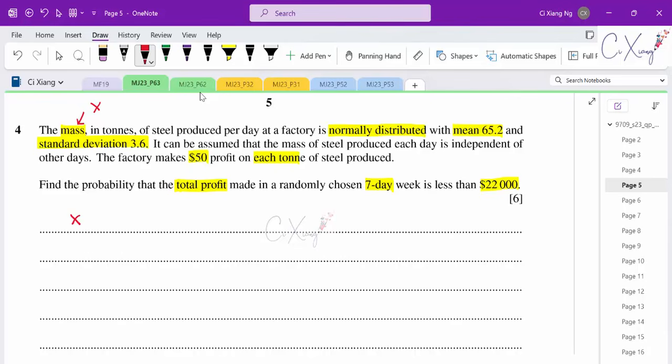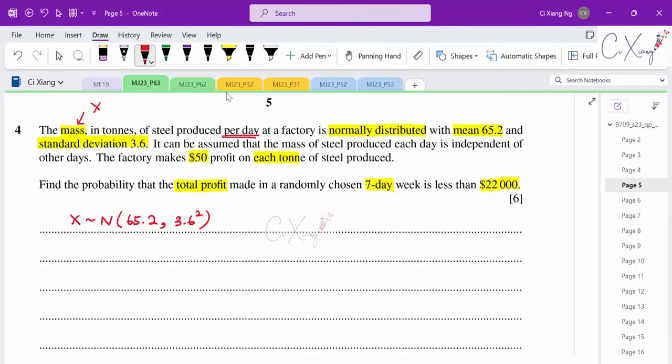If I want to write it out, X is normally distributed with mean 65.2 and standard deviation 3.6, but you have to write out the variance here, so it has to be 3.6 squared. Then for this variable X, please highlight the keyword also per day. This is for 1 day.